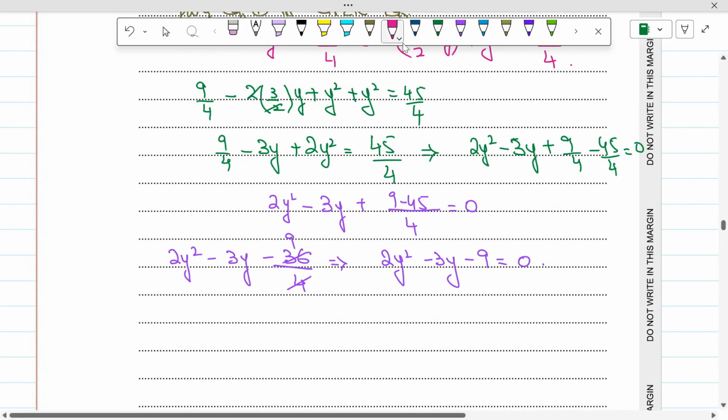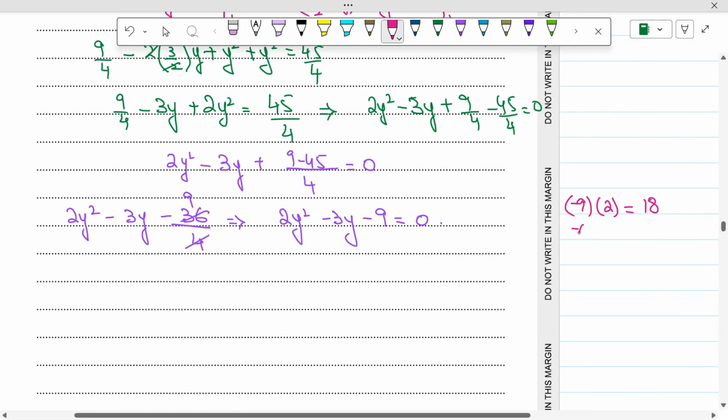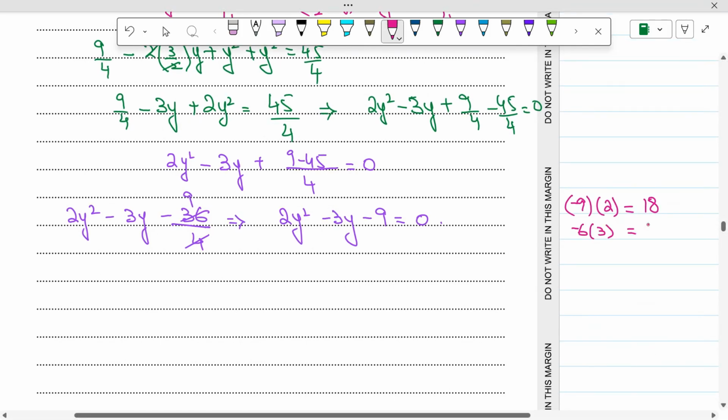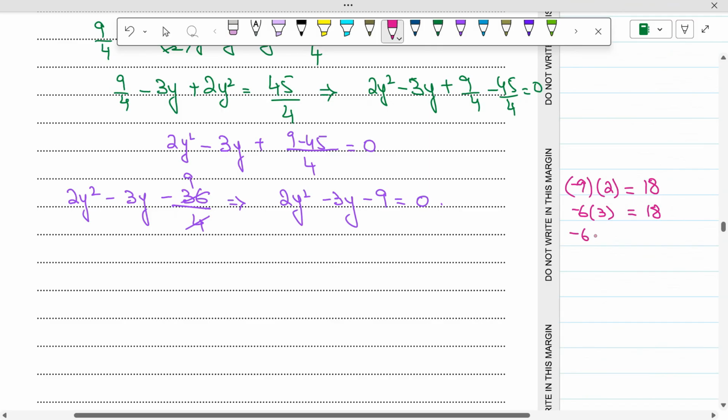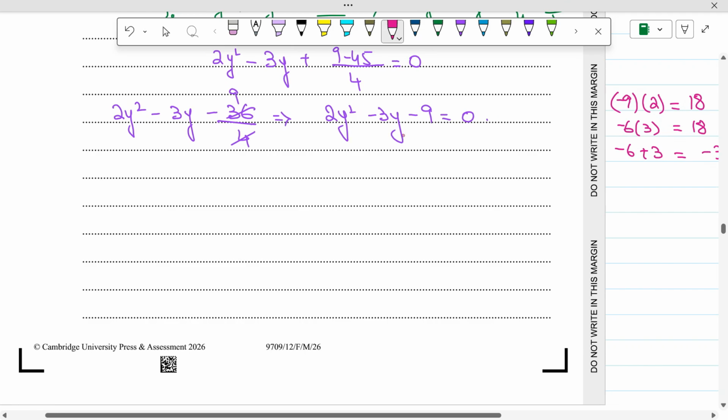This is a quadratic equation, and it can be solved by factorization. For example, negative 9 times 2 equals negative 18, and negative 6 times 3 is also negative 18. When we add negative 6 plus 3, we get negative 3. We can use this to solve the quadratic equation.